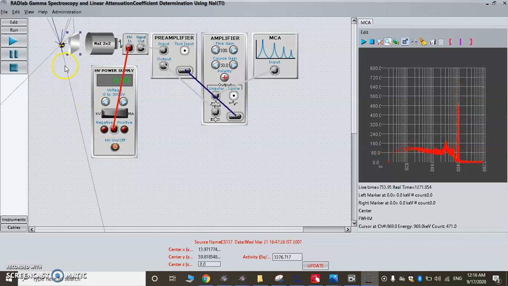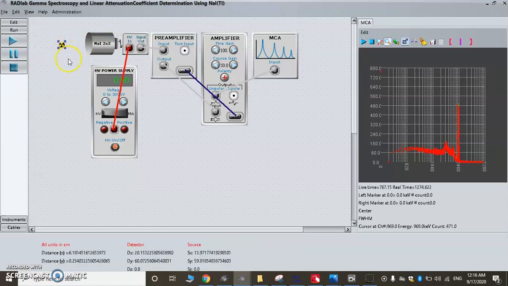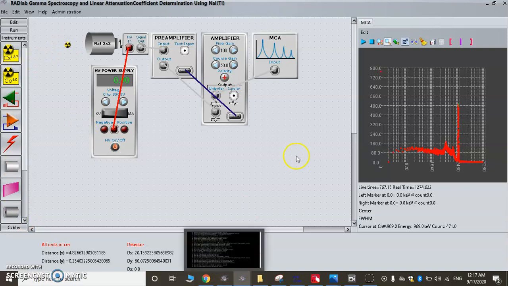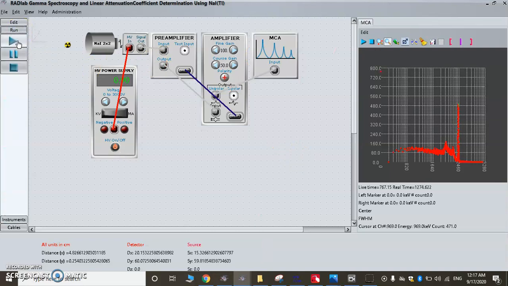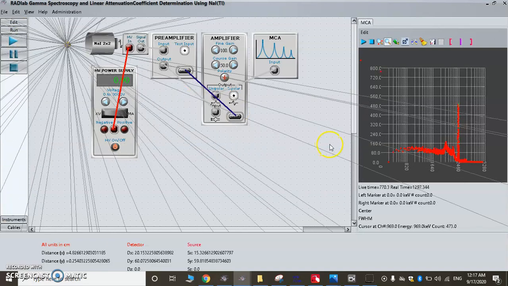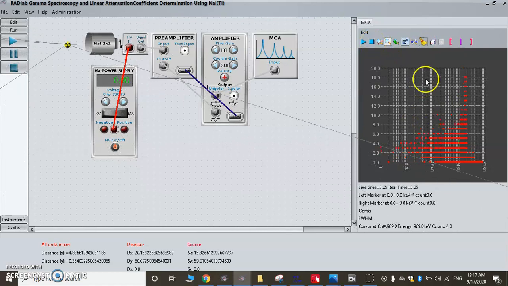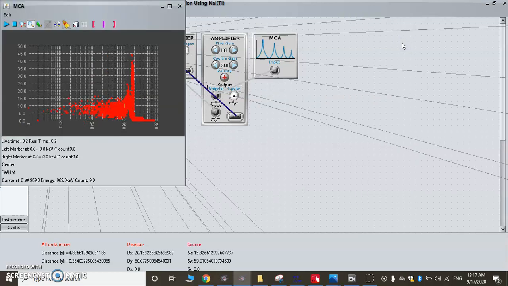Now let's change the source and see what happens. First we remove the aluminum plate. Now changing the source, so delete it, and here we are using cobalt 60, then run the experiment. First delete. Let's enlarge the MCA.